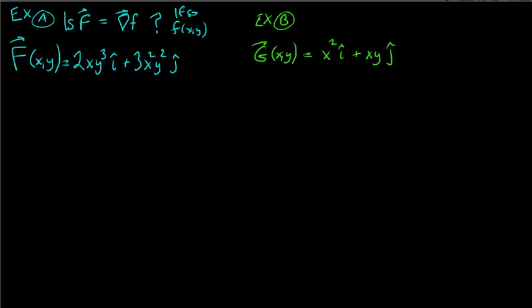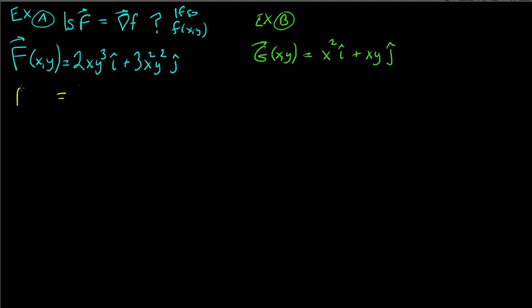This is something you probably did for homework some sections ago, somewhere in chapter 14. I think there might have been an exercise about this. But let's go through it again just in case.